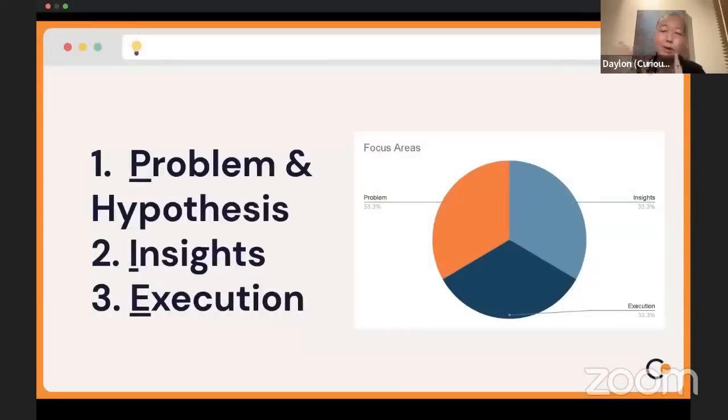And you might be asking me, hey Dylan, how do I allocate the amount of areas to talk about, right? How much should I be talking about the problem? How much should I be talking about the insights and then the execution? Well, I'll say generally in principle, you can break them up equally into 1/3, right?